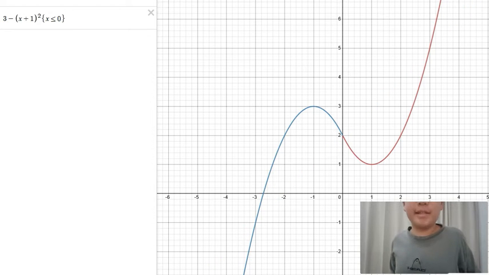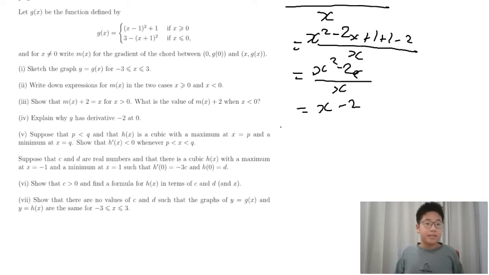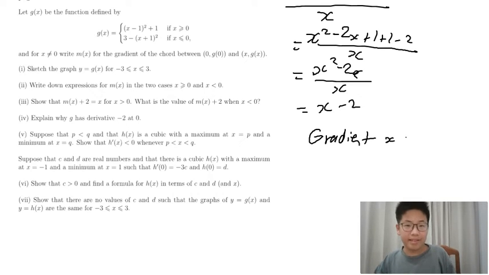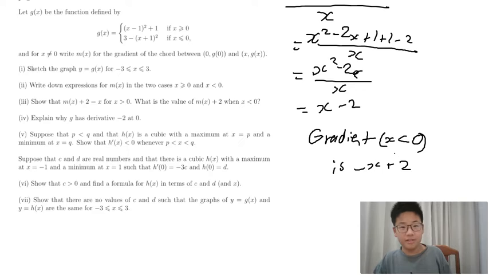So this means that the gradient when x is less than 0 is minus x plus 2. Great. Wait, it's actually minus x minus 2. Am I lost? Yeah, it's minus x minus 2.